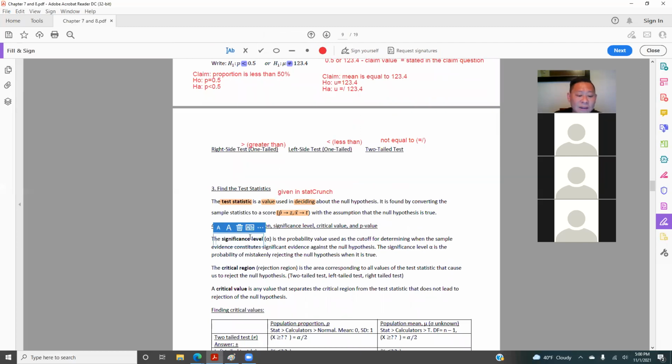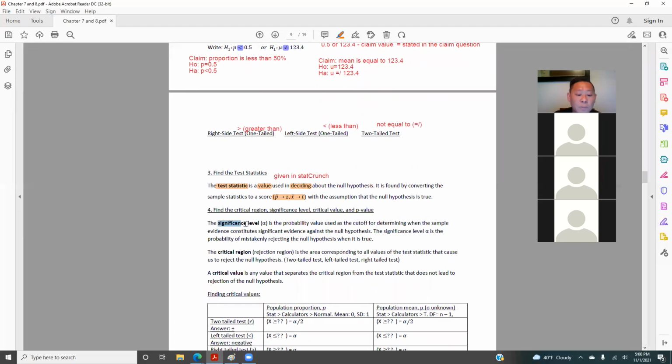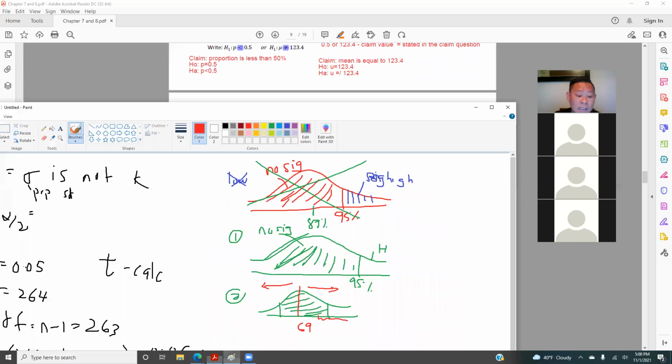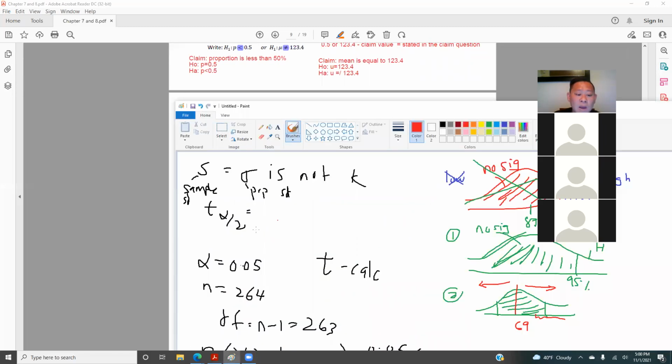Then we have a significance level, alpha. So this alpha is what we've been talking about since chapter 7. If you remember, we are doing a 95%, the one that we just did in chapter 7.2. The alpha that we figure out here is coming from the 95% confidence level, right? This is what you did in chapter 7. So this alpha, now we have a name for it.